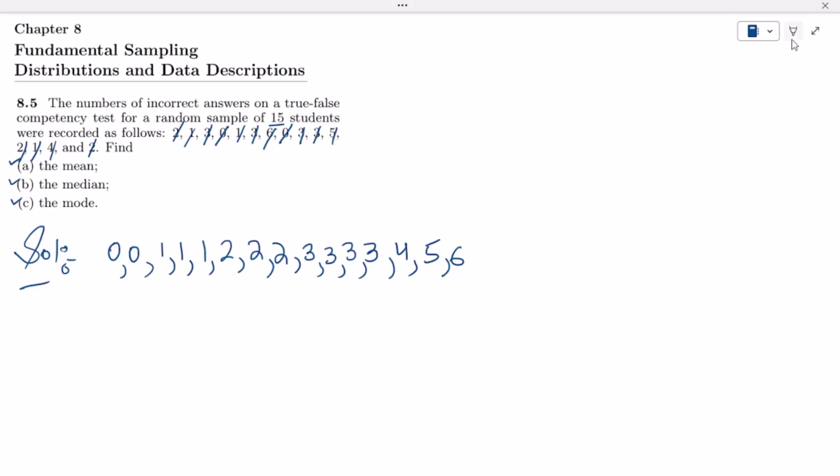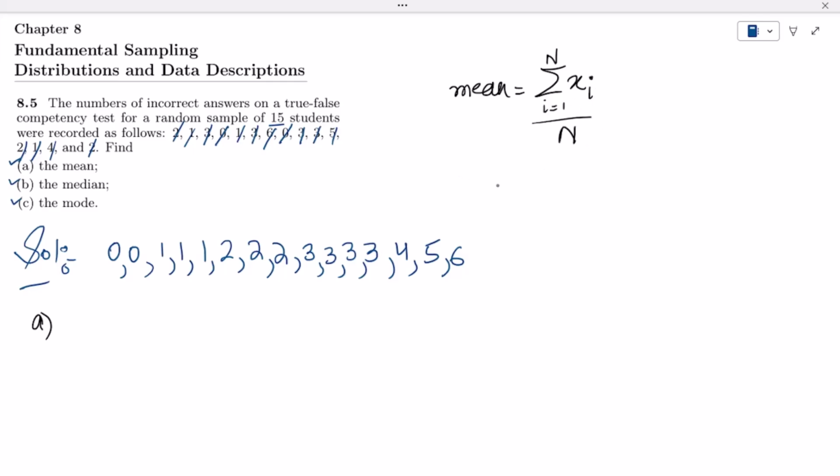Now let me find out the mean of it. In order to find the mean, I have to add all the numbers xi from i equal to 1 up to n and divide over n.